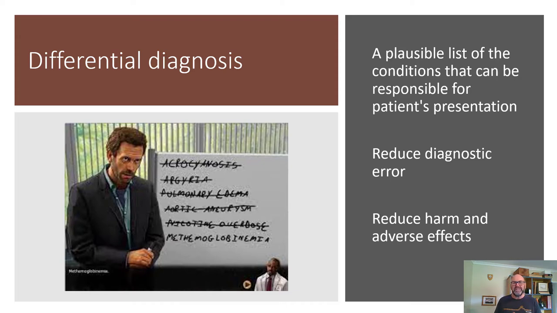Differential lists also mitigate against availability bias. Most respiratory conditions are benign and self-limiting, as is the case in, say, a viral upper respiratory tract infection. And for children, these presentations are very common. The availability bias occurs when recent experiences with a common disease may inflate the likelihood of it being our first choice in diagnosis.